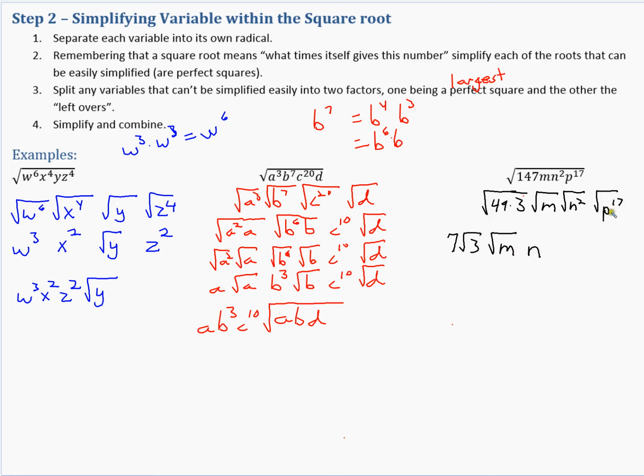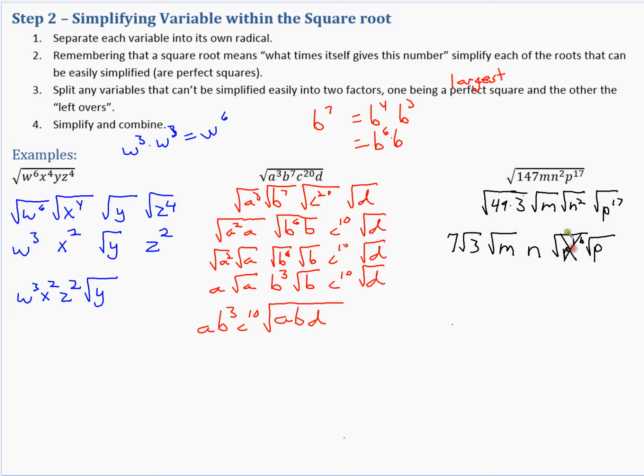We're going to split this one up because there's nothing times itself that gives p to the 17th, so we're going to split this up into p to the 16th times p, square root of p. And p to the 16th, instead of writing another line, I'm going to realize what times itself gives p to the 16th.